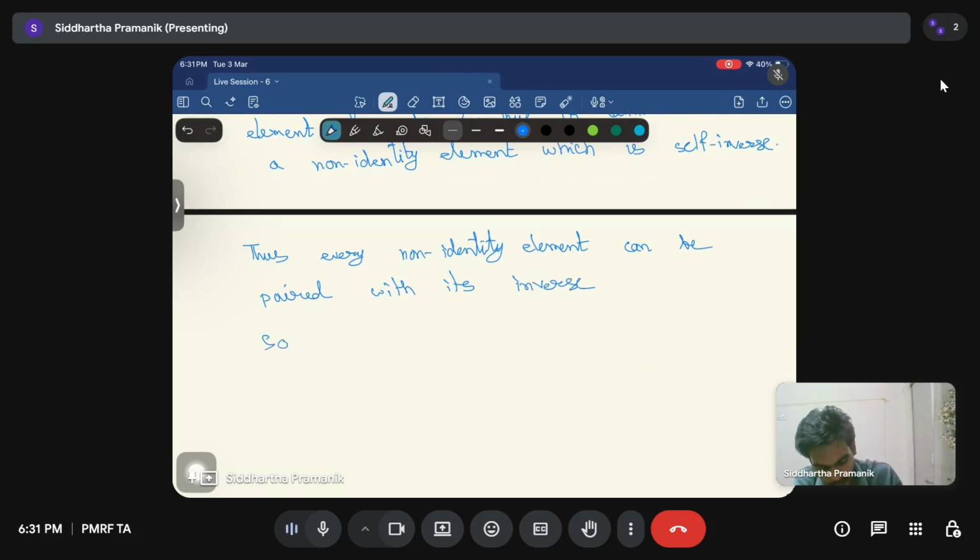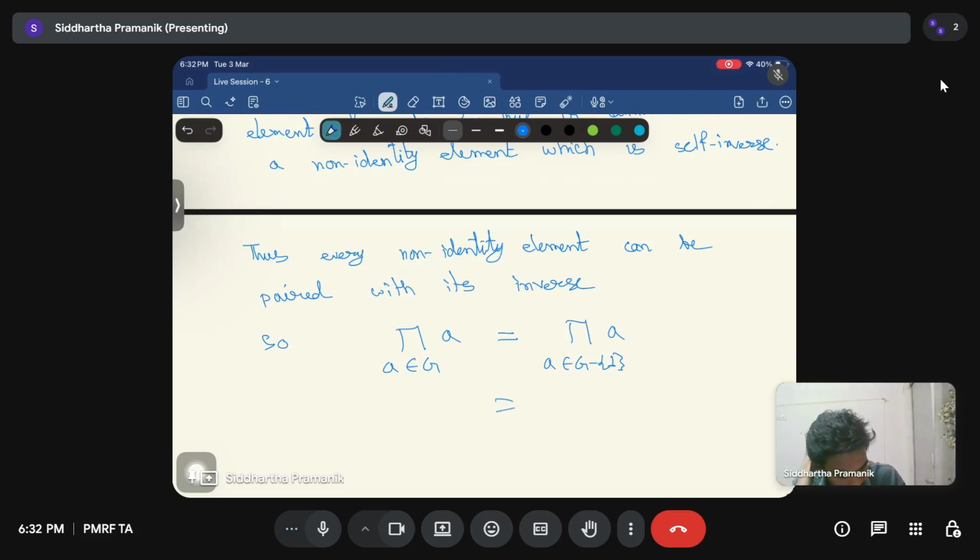So if we take the product over a in G, basically we can remove the identity element. So this is the same as the product over a in G minus the identity, which is 1, because in the product 1 will not give you anything additional.